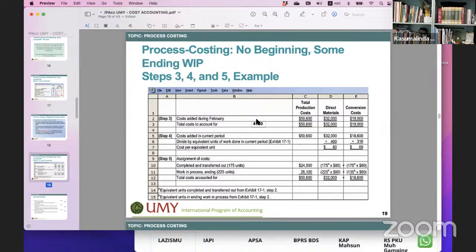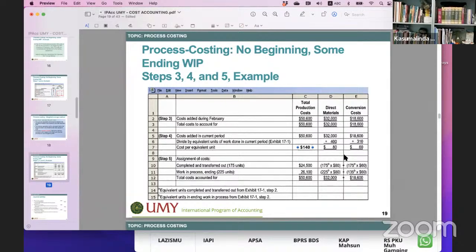If you want to put it in total here, it is 140, where 80 plus 60. All right, this is the unit product cost.